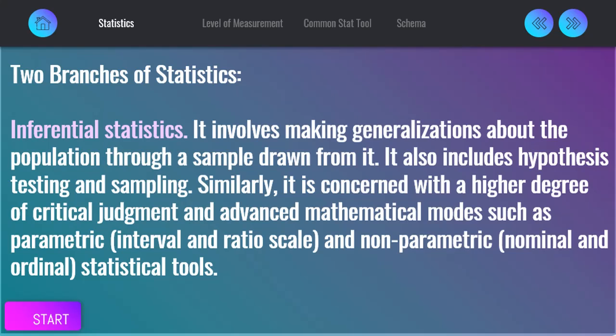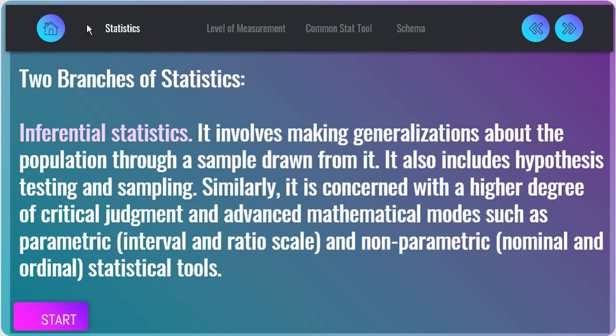Similarly, it is connected with a higher degree of critical judgment and advanced mathematical modes, such as parametric, wherein we use parametric type of tools in an interval and ratio scale, and non-parametric for nominal and ordinal statistical tools.